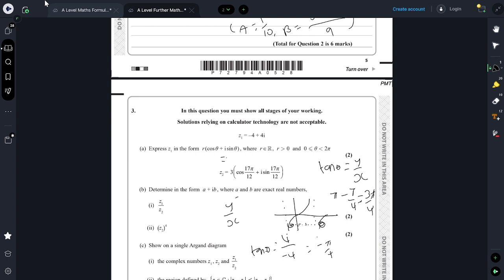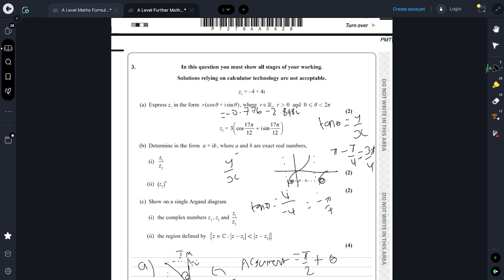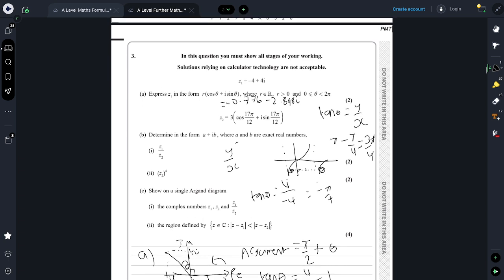So that's about minus 0.776 minus 2.898i. It does actually give you an exact answer, but it's not the nicest, and we don't need to give the number. We just need to plot Z2.